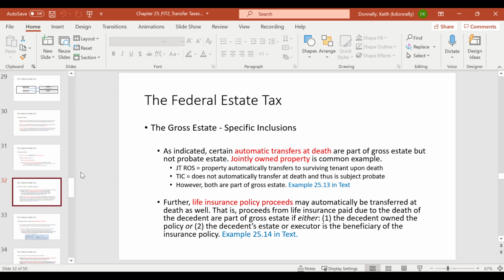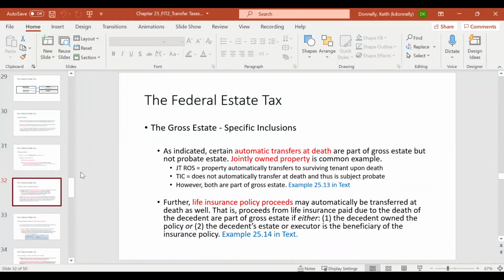So with regard to the gross estate, we said certain properties are automatically transferred at death. We don't need to go to the probate court to transfer those. One example would be a joint tenancy, right? So jointly owned property. If you have joint tenants with a right of survivorship, let's just say A and B own property together.